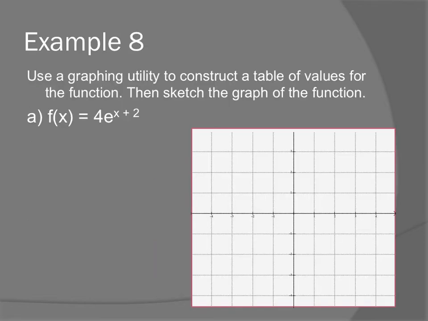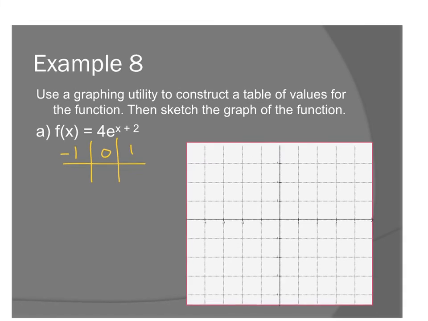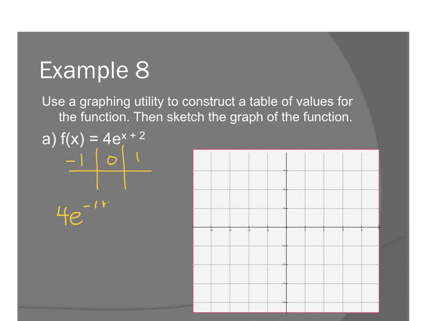Okay, so this time it says to use a graphing utility to construct the table of values. So notice it's not asking you to use the graphing calculator to graph it. You're just using it to find the values. If I plug in the same 3 values, -1, 0, and 1, you can simplify it first if you want to, but your calculator can also do that work for you.